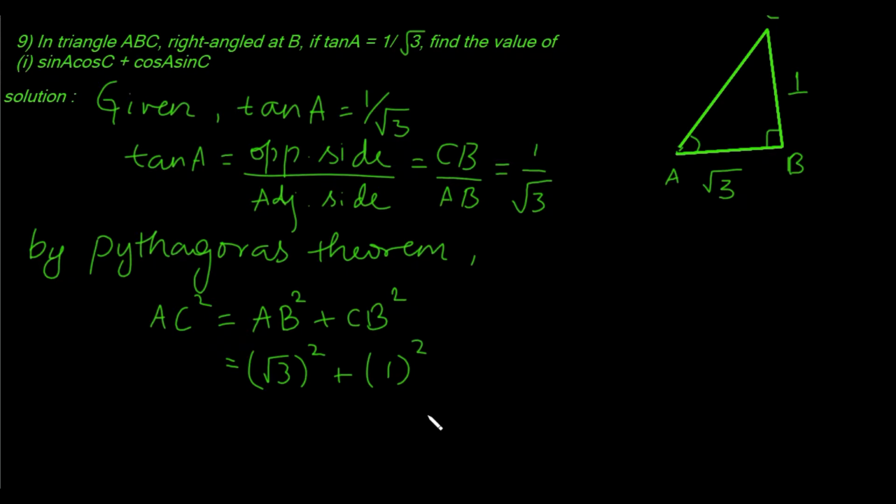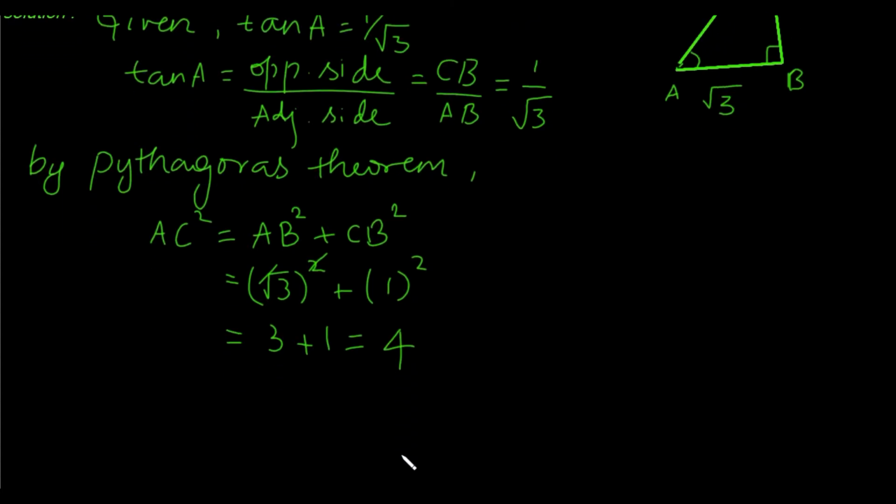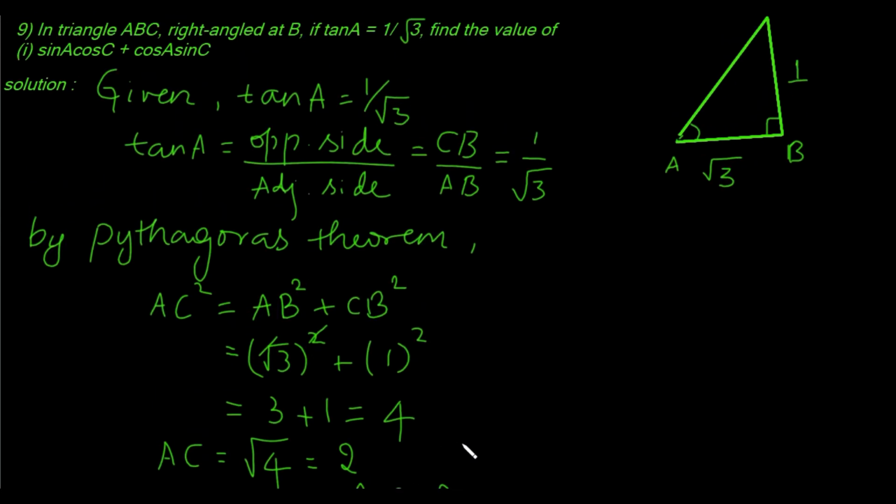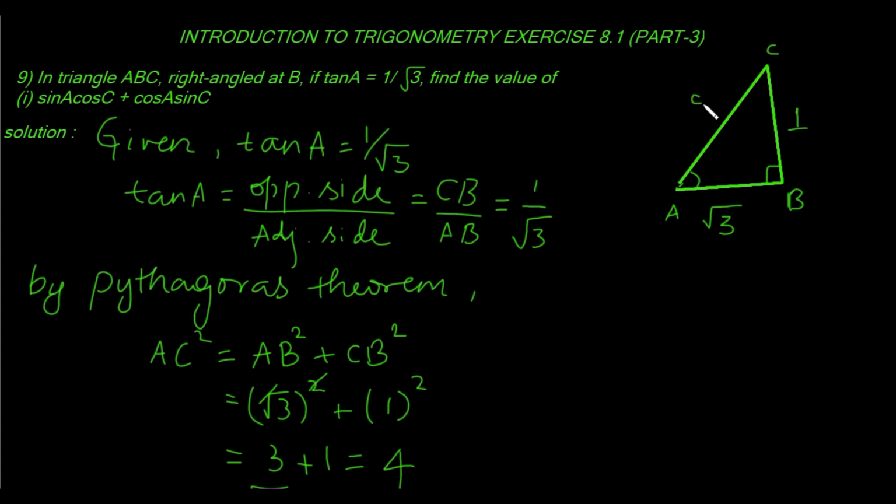The square and root cancel out, so we get 3 plus 1, which is 4. By transferring the square from LHS to RHS, AC is equal to root 4. Square root of 4 is 2, so AC is going to be 2. Let's enter the value in our diagram.